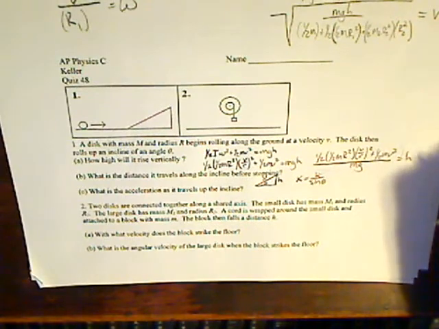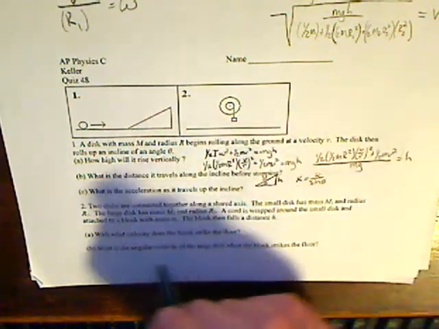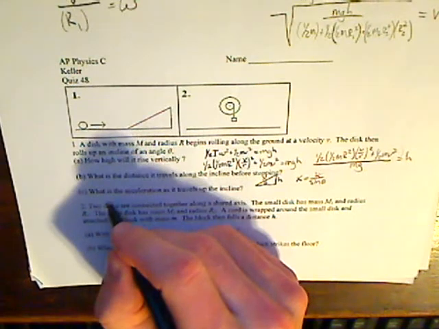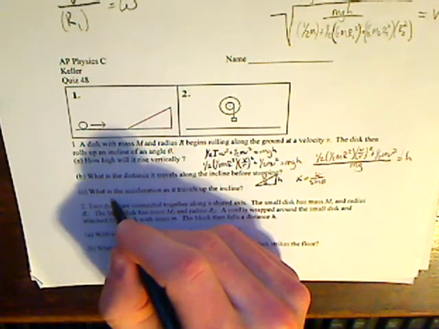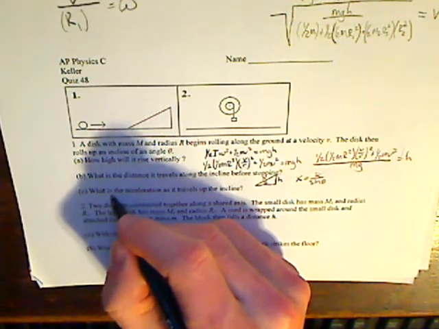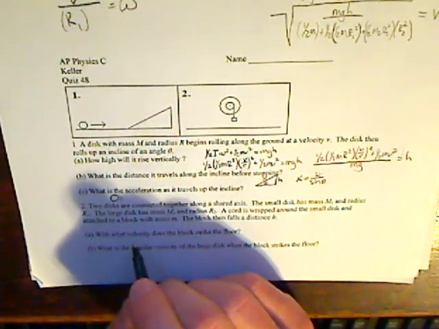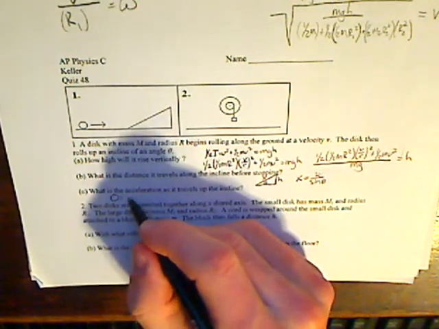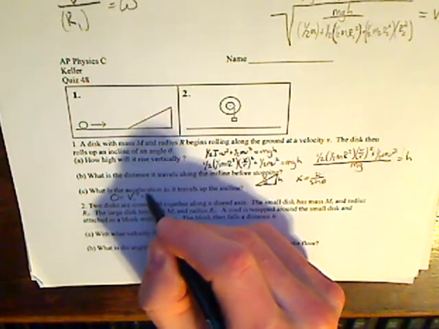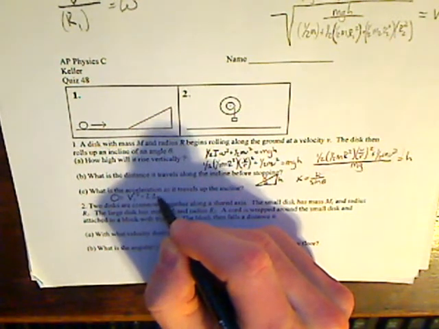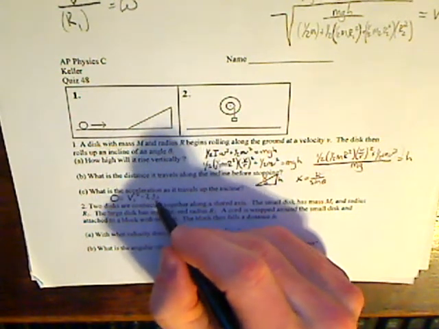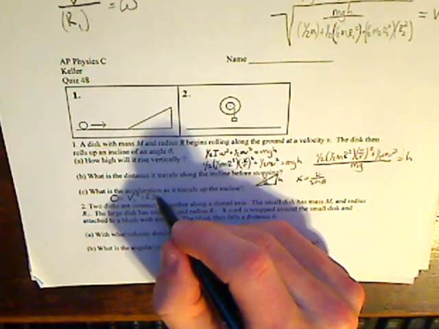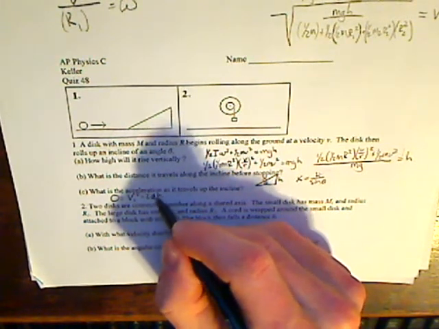For the acceleration, we're going to use our vf equation. Since the final velocity is 0, we set that equal to vi squared plus 2a delta s, and we set delta s equal to h over sine theta.